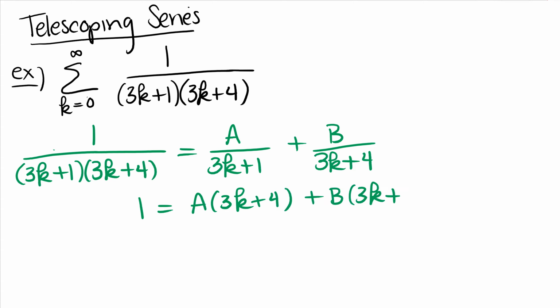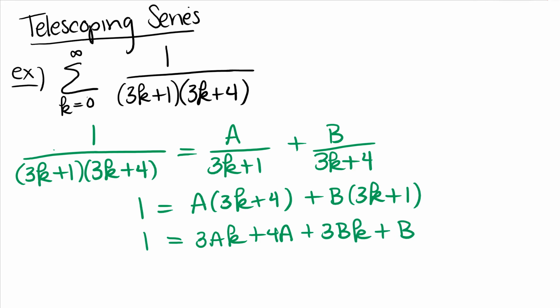So you should know how to do this. I'm going to multiply both sides by the common denominator, which is 3k plus 1 times 3k plus 4. I'm going to just simplify this instead of plugging in k values, but I would have 3Ak plus 4A. Remember, this is a polynomial in k.